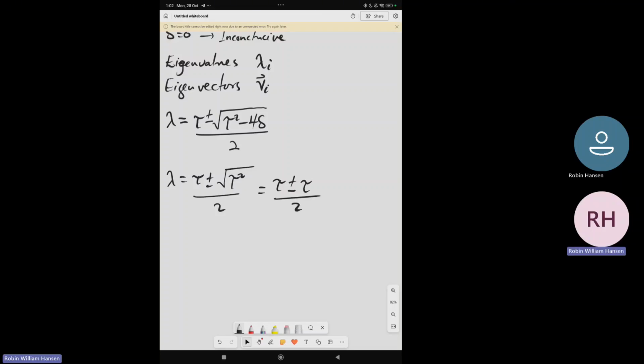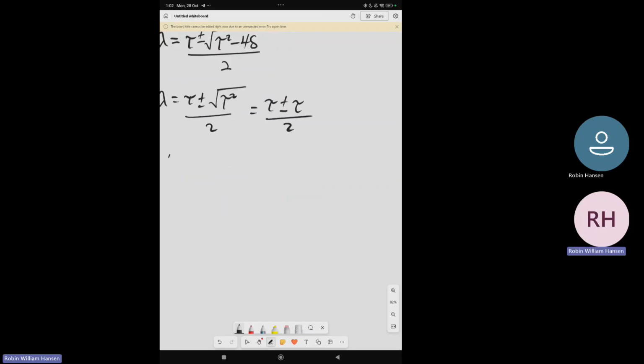We're going to have one of our eigenvalues: tau plus tau divided by 2, which is 2 tau divided by 2, will give us tau. This is for the first one. And for the second one, we'll have tau minus tau divided by 2, which will give us 0.